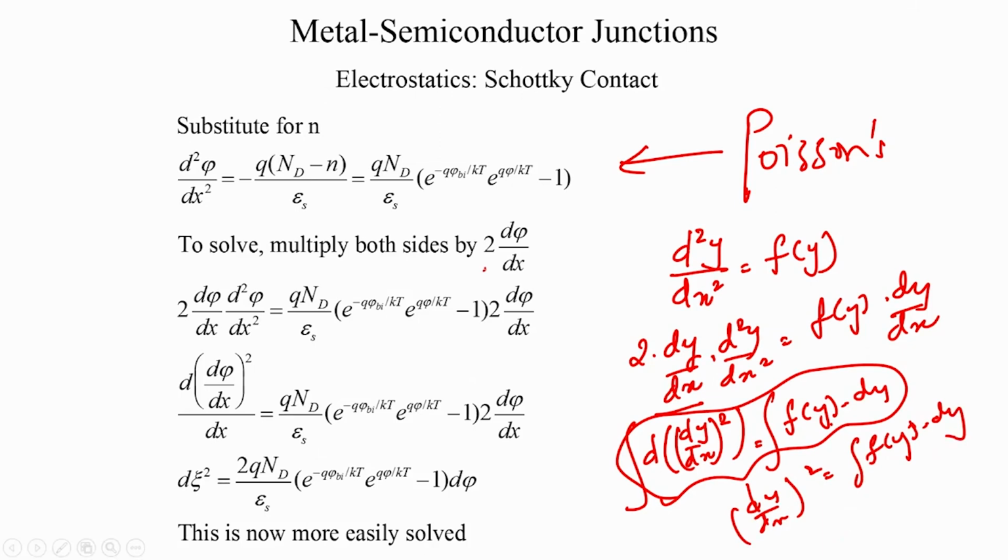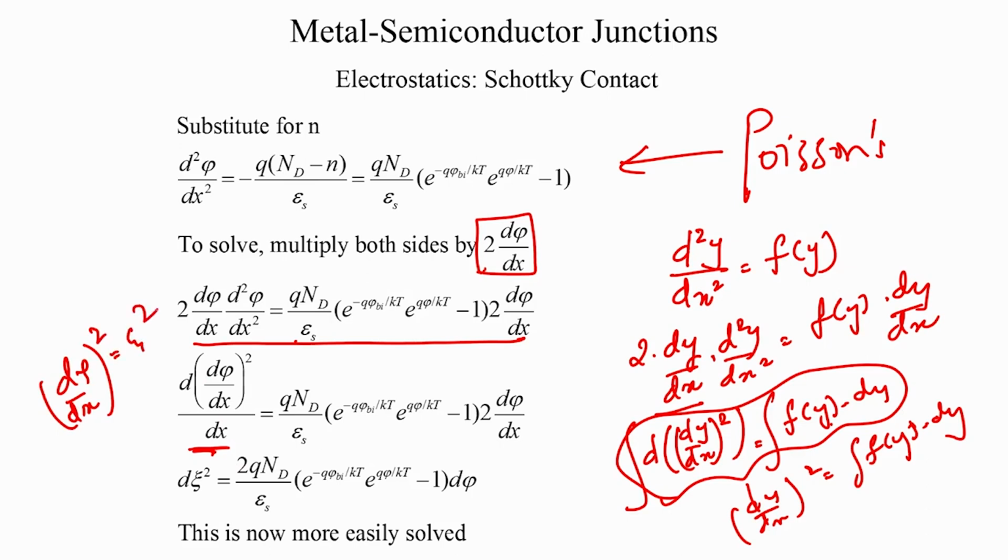So, what we do here is we multiply both sides by 2 d phi by dx. You have that term, which essentially gives you this term here, and that is equal to, now d phi by dx square is nothing but the square of the electric field, right. So, we now have an expression which says d of electric field square is equal to all this term on the right hand side, and you just integrate both sides.